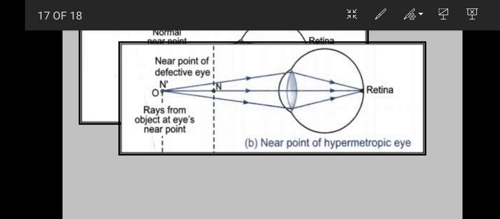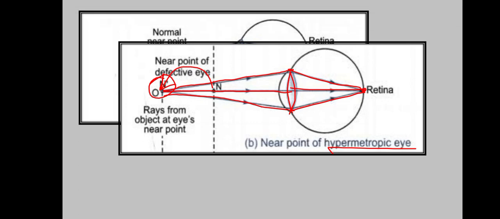For the hypermetropic eye the near point will be changed. It will be somewhere behind the actual near point of the eye. The near point of the defective eye is somewhat here. If the light rays are coming from this point, then they will form a sharp image on this retina. But for the hypermetropic eye, how will it be possible?